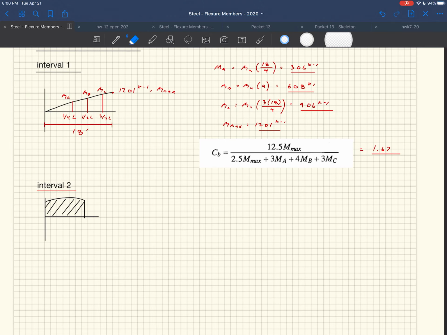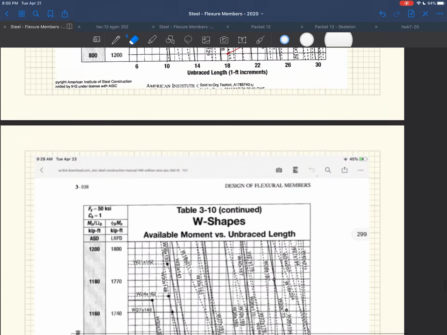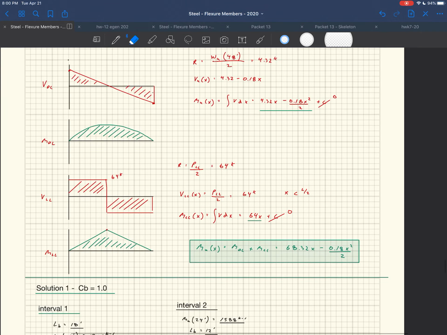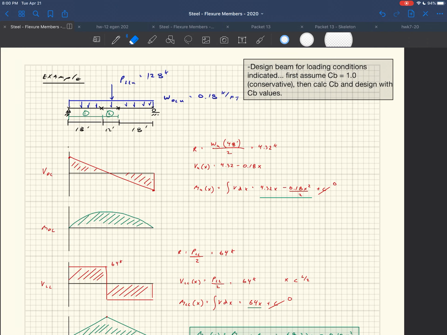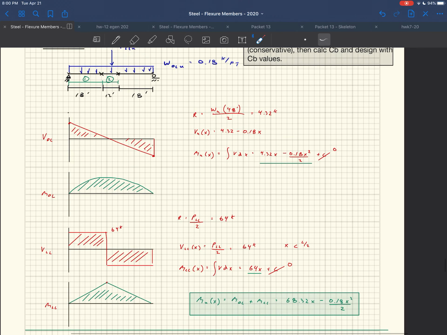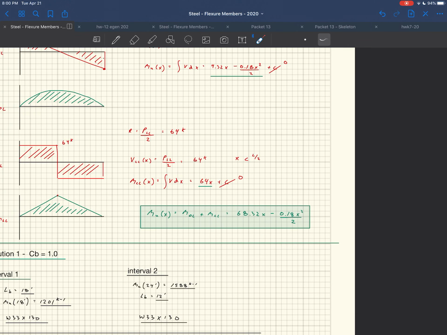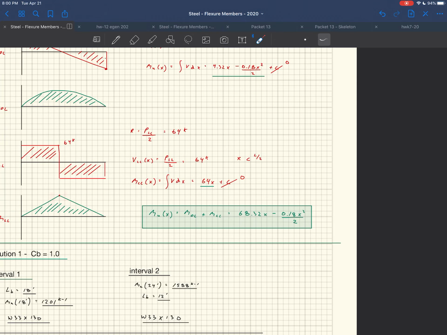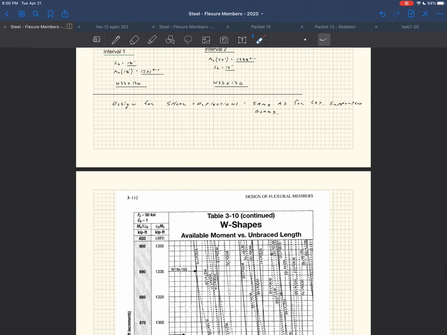So interval 1 goes from here to here. So the moment's going to go like this, and then the middle one's pretty close to being flat, and then it goes down. It's kind of this middle component added with this middle component right here. So it's pretty close to being flat across the middle, okay?